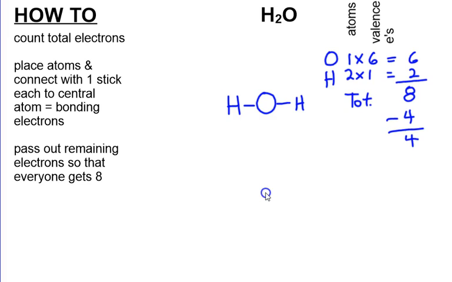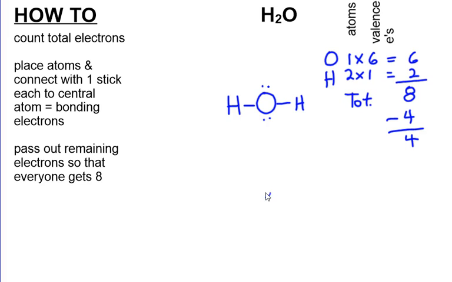That means we have 4 electrons left to pass out. Can I give electrons to either of the hydrogens? Why? They already have 2, and that's all they can have. So I'm going to put my 4 electrons on the oxygen because he wants 8.